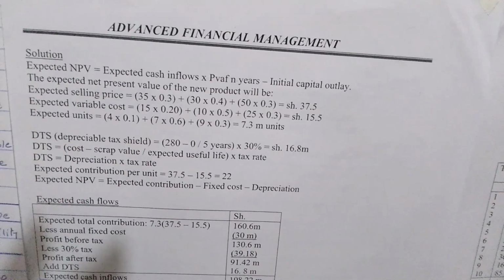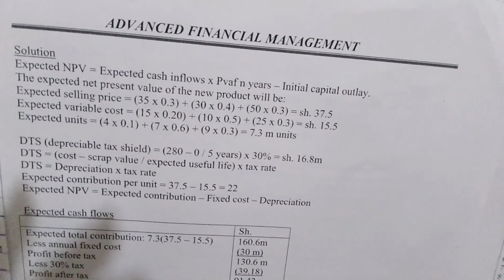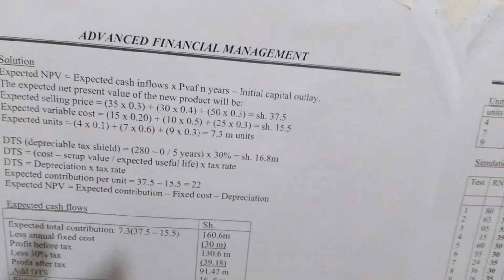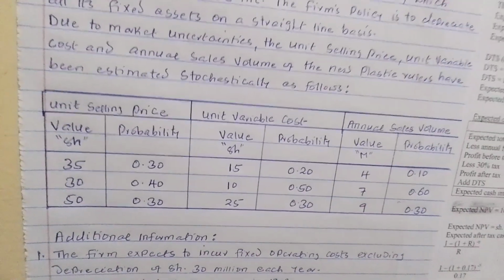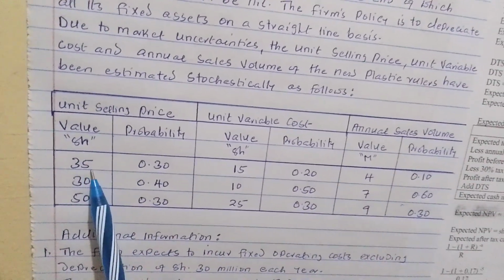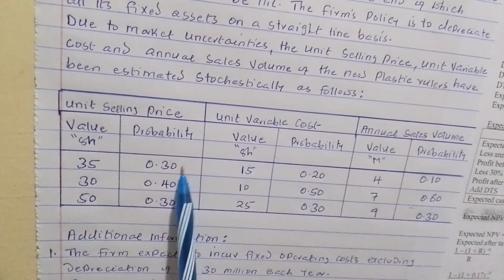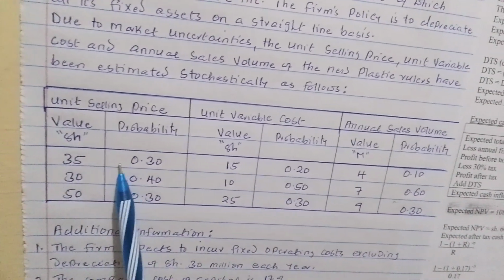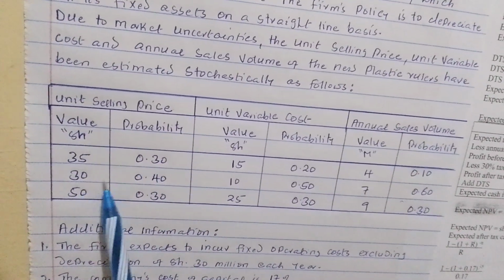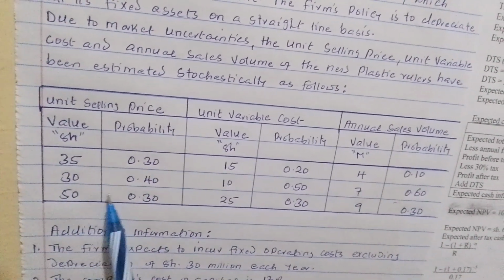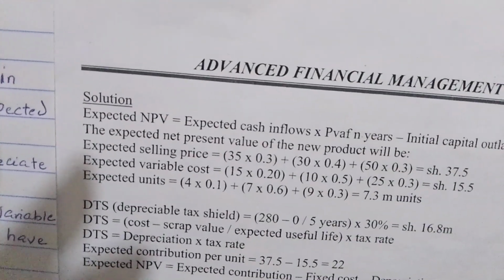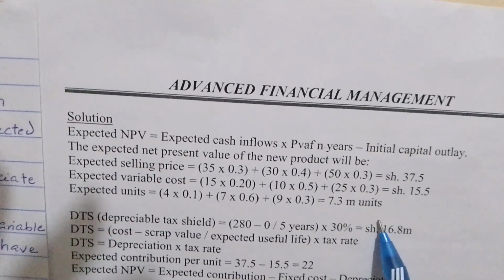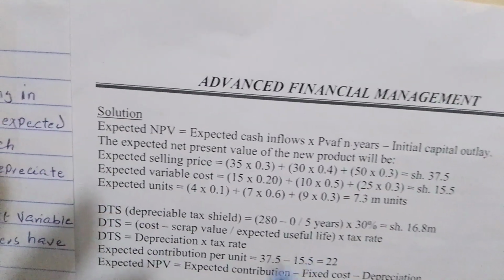Then the expected net present value of the new product will be the expected selling price. You'll be taking the expected selling prices, multiplying these values times the probabilities, summation of this, that 5 times 0.3 plus 30 times 0.4 plus 50 times 0.3, and that will give you the expected selling price. So the expected selling price is 7.5 shillings.